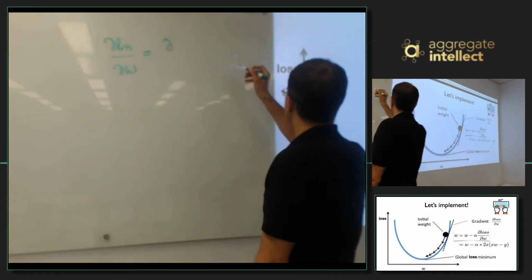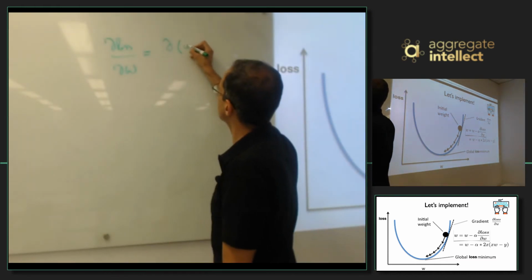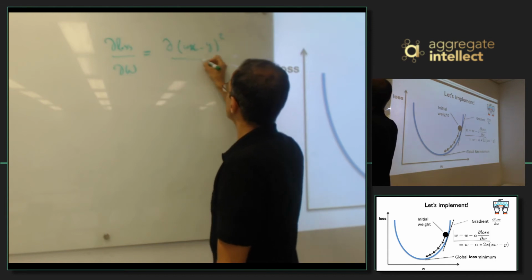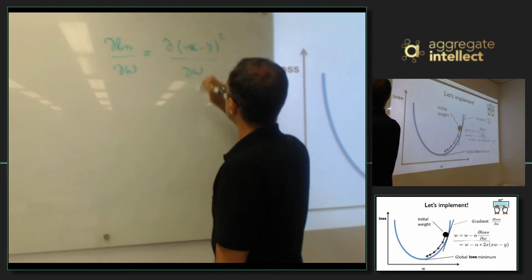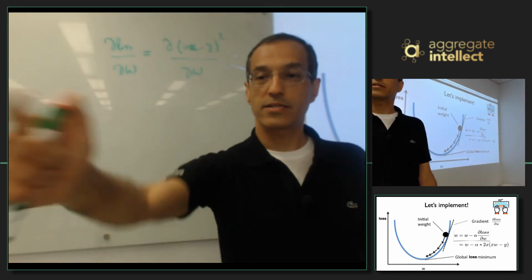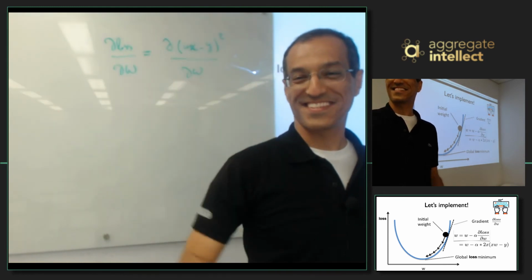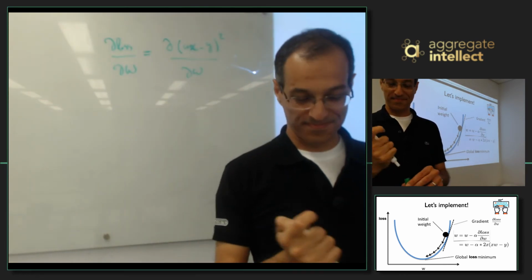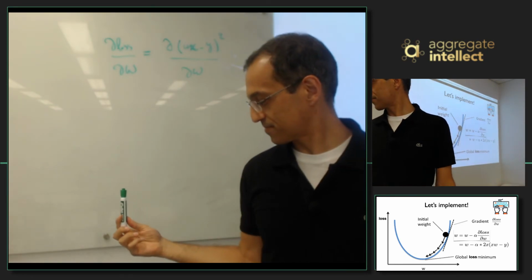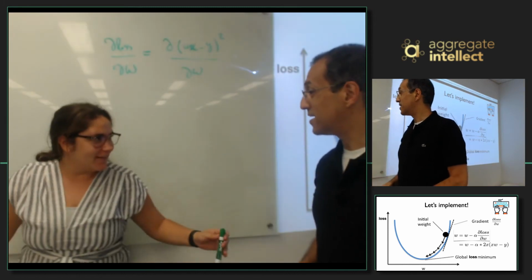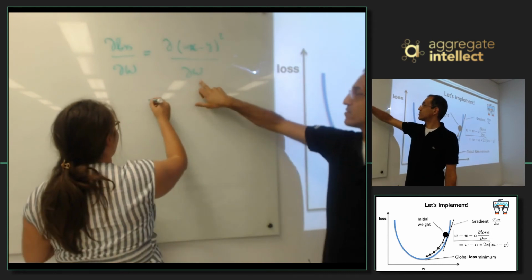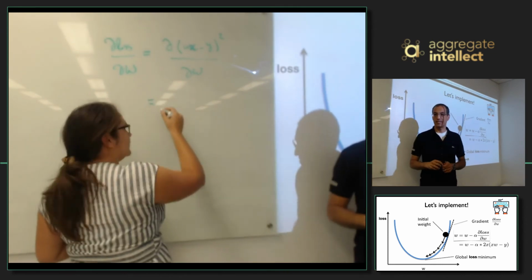This is Wx minus y squared divided by W. So let me see. Natasha, you want to do it? So we want to take the derivative of this with respect to W, and so explain and do it.